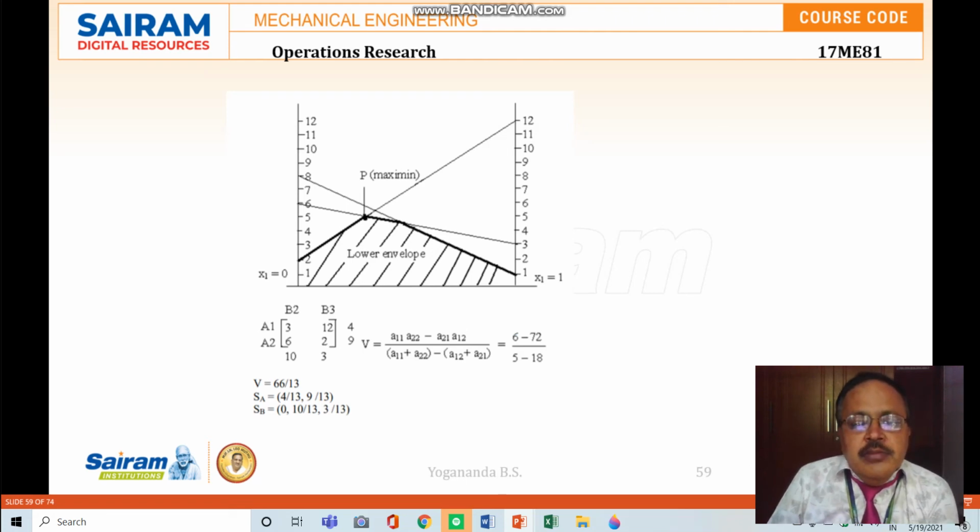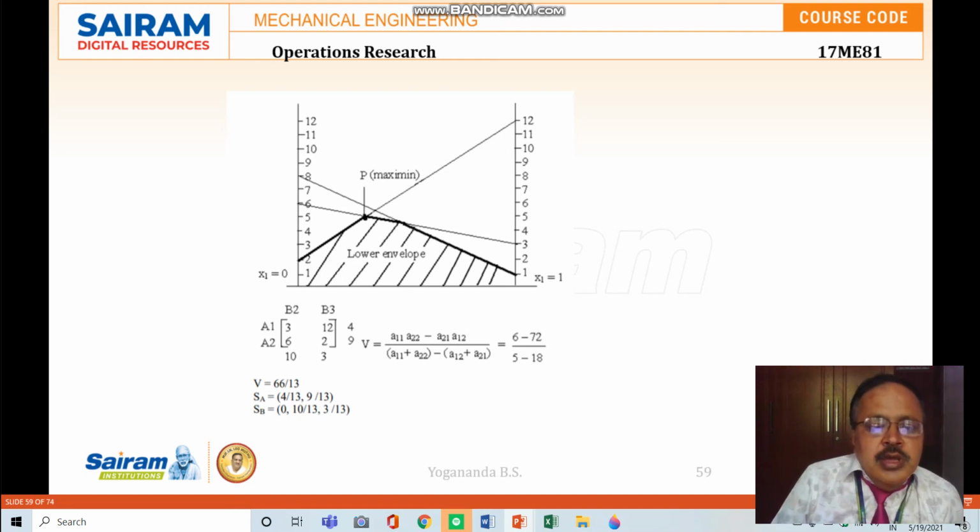Value of the game. Using the formula, we are finding out the value of the game. So we are getting 66 by 13, something like 5.1. So this is the baseline. From the baseline, if you measure this height, it gives rise to the same 5.1, which is the same value we obtained using the analytical method.